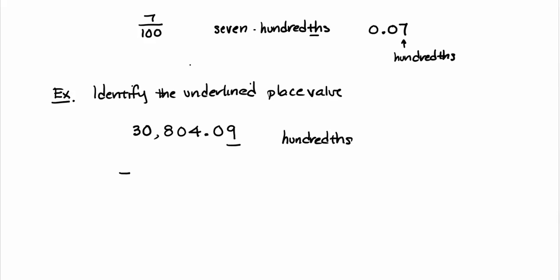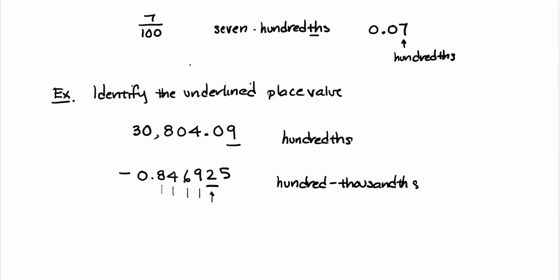If we have a number like negative 0.846925, let's say we want to identify what the 2 is. Okay. So this first one is our tenths, hundredths, thousandths, ten-thousandths. This is our hundred-thousandths. Okay?